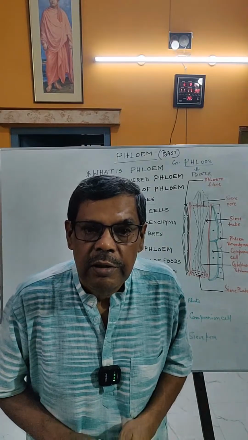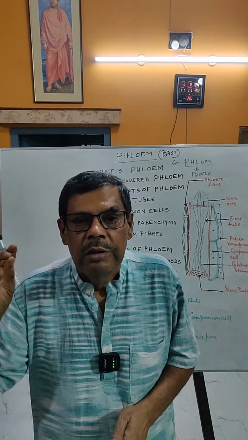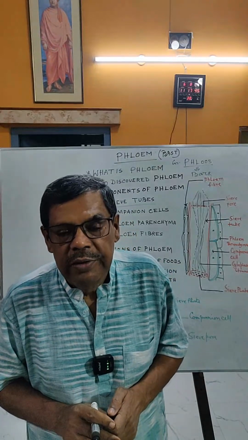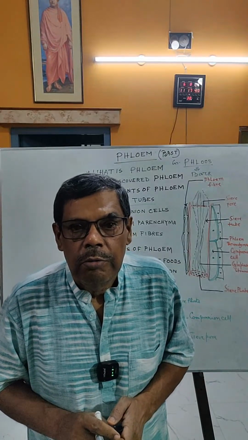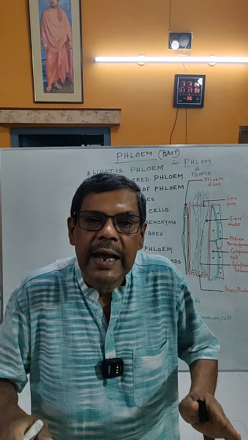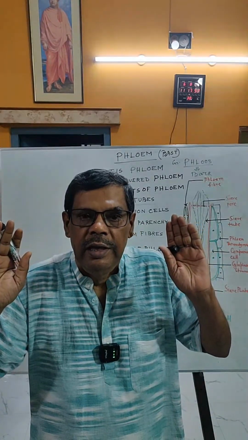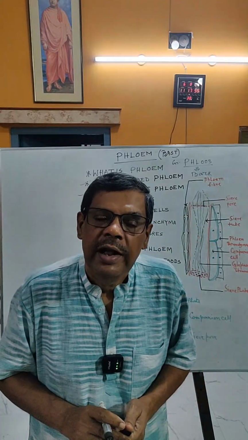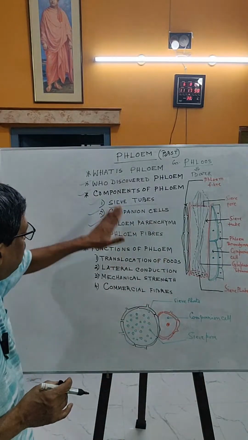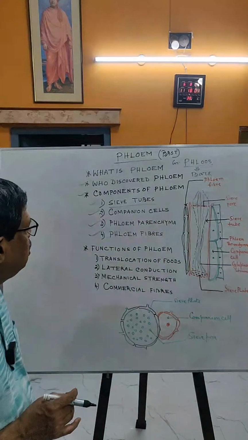Adjacent sieve cells are joined with some kinds of pores, that is pits, which collectively are involved in conduction of food materials in pteridophytes and gymnosperms. These are all about the components of phloem tissue.